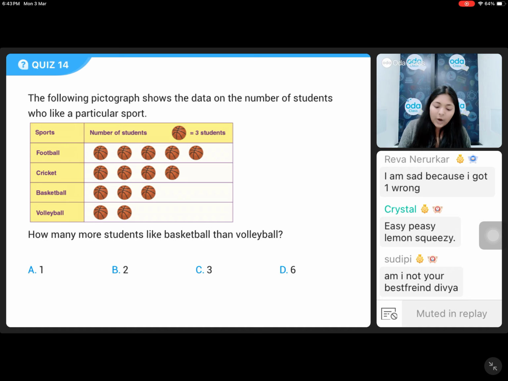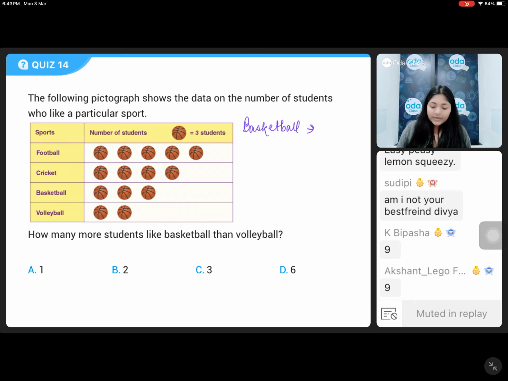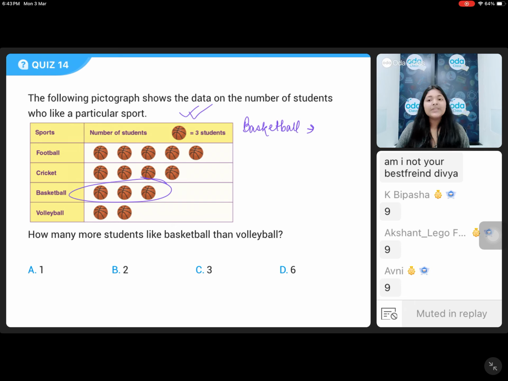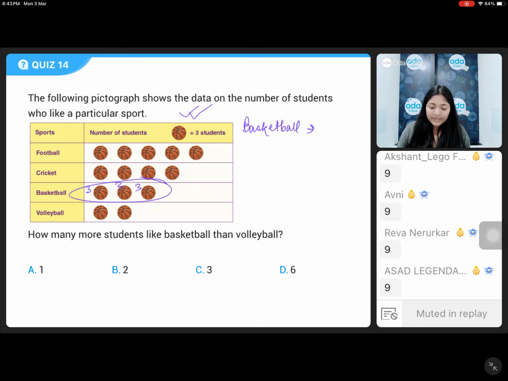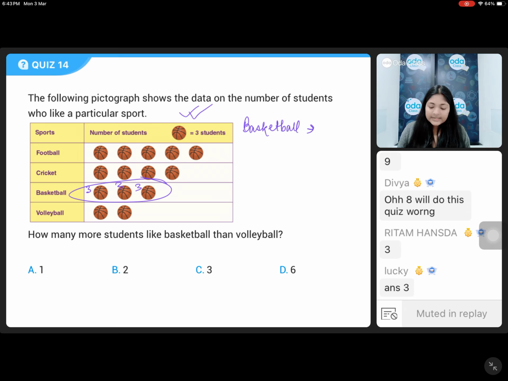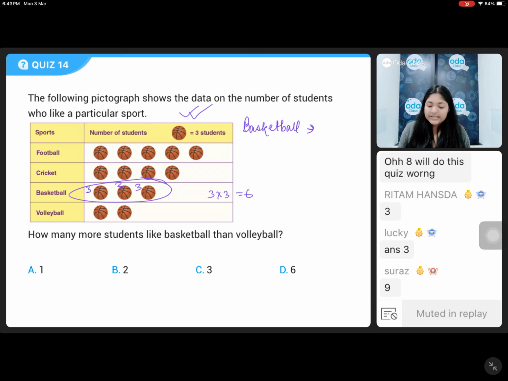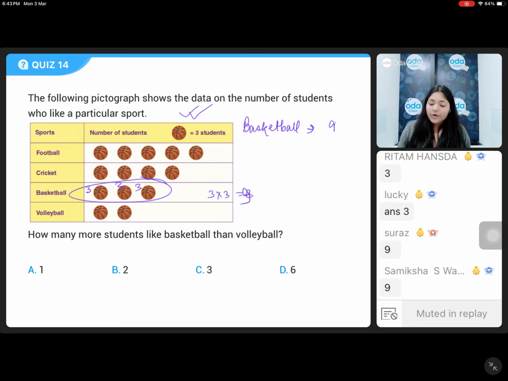For basketball, there are three, and one is representing three. So, what is the value for three? 3 multiplied by 3 is 6. Sorry, 9. So, for basketball, we have 9.